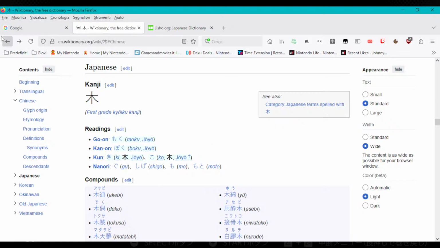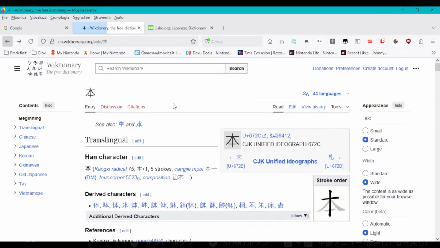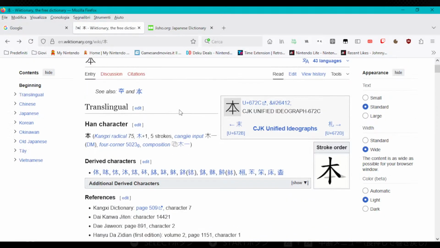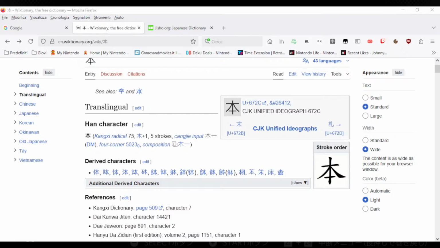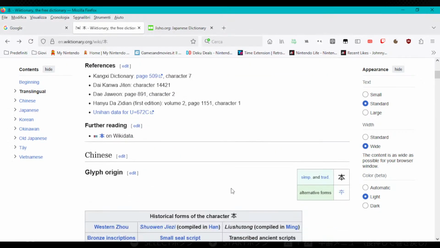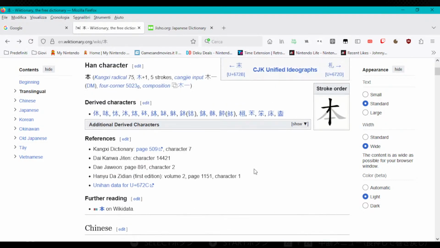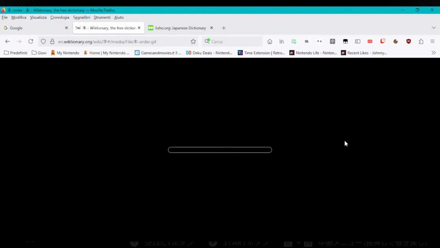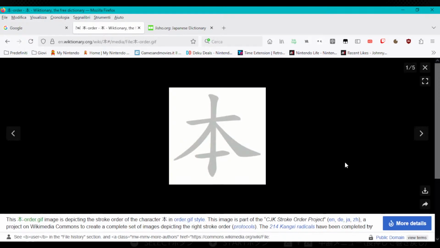Okay, we can now go back and actually see the kanji we have found in our writing. Hon. As you can see, we first write our kanji for ki, and then add a stroke at the end.